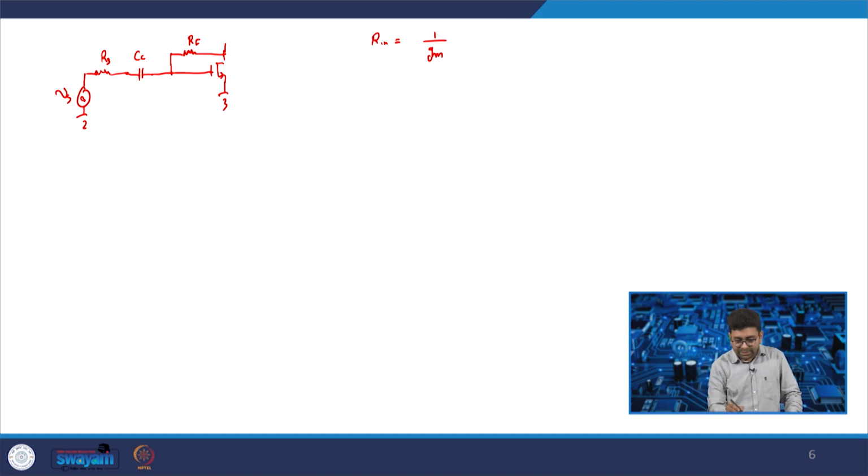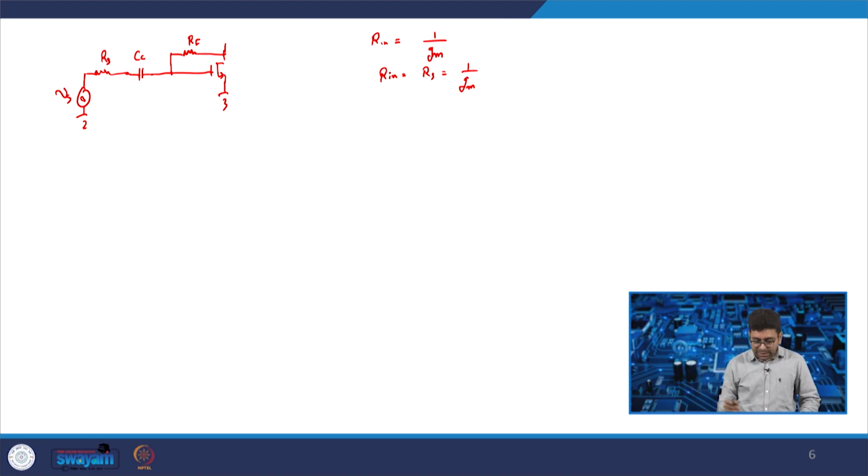So, it is straightforward, R in is equal to 1 by Gm, and if you try to match R in equal to Rs, which is 1 by Gm, and if you are targeting the 50 ohm impedance matching, that is Rs, then the Gm you need is around 20 millisiemens.